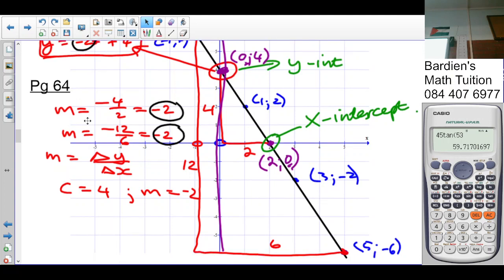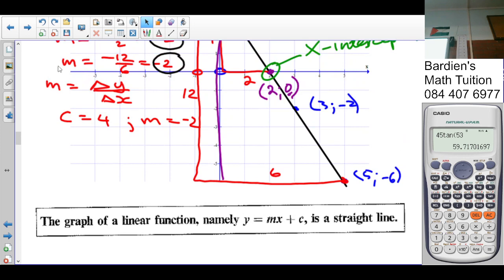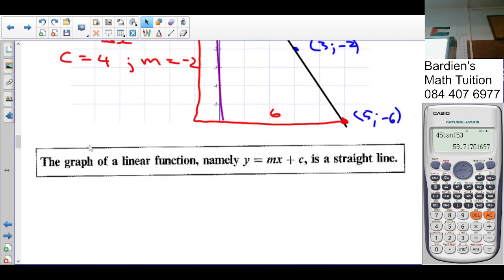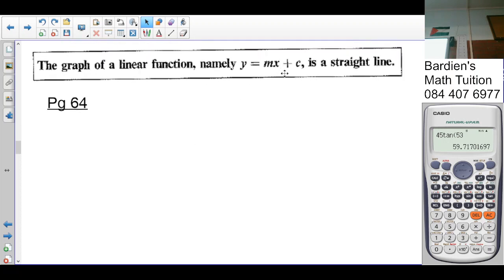That is page 64. So I want you to make this note here: that the graph of a linear function, namely y is equal to mx plus c, is a straight line.